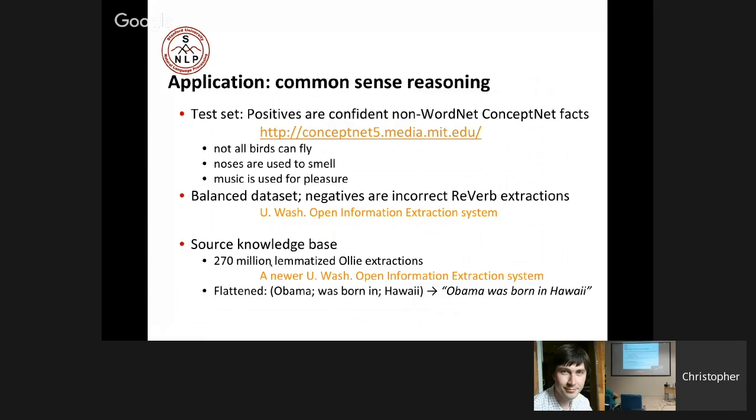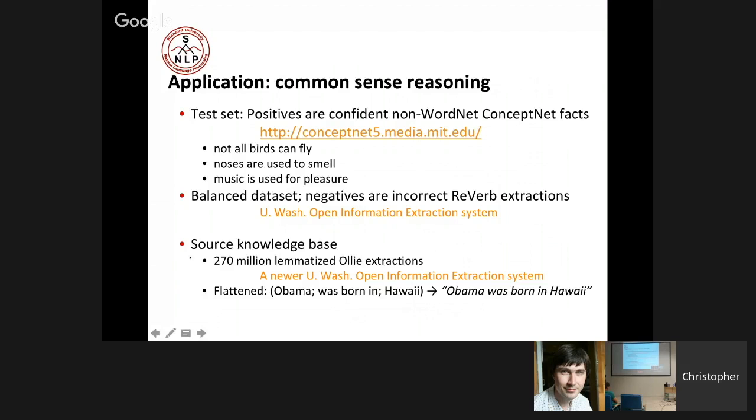So we got a second data set which was then taken from a previous system from the University of Washington. They've worked a lot on open information extraction, of trying to get facts out of web pages. And so we took a collection of extracted facts from their system. We manually filtered it for correctness, and that got a balanced data set, which is pretty easy because the accuracy of their facts is at best 50%.